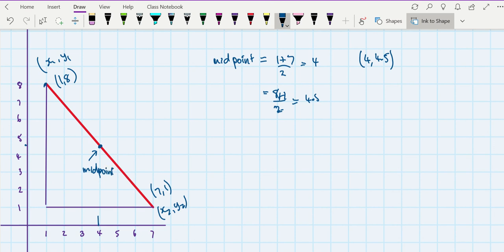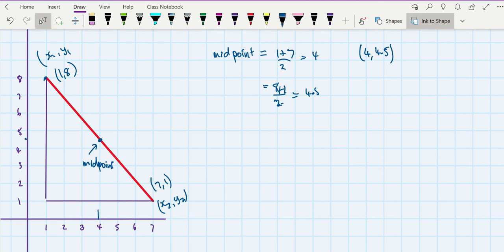Now to find the length of the line, what you should recognise is that we've got a triangle here. And this looks like the hypotenuse of a triangle. So we can just think about Pythagoras' theorem, a squared plus b squared. The square of the hypotenuse equals the sum of the squares of the sides.